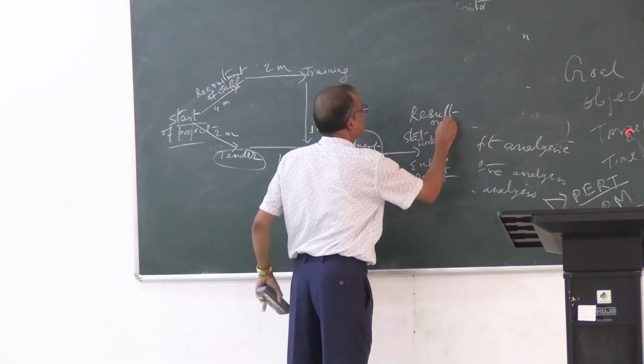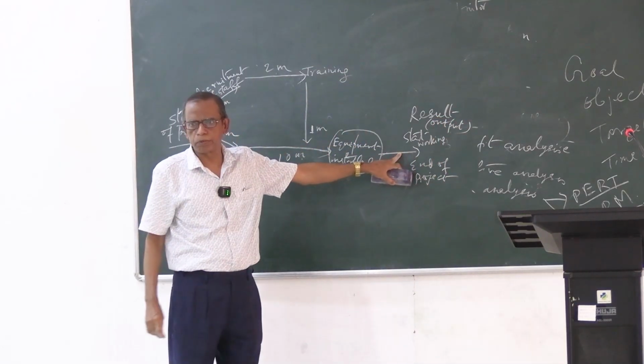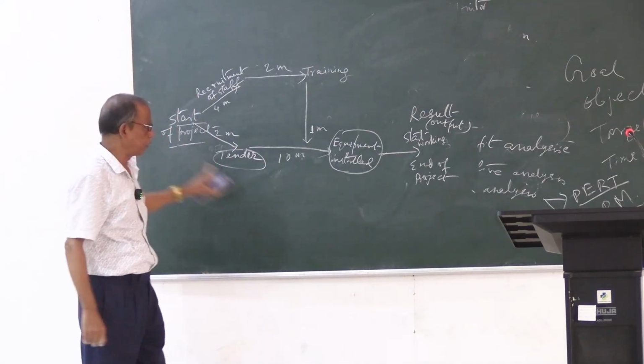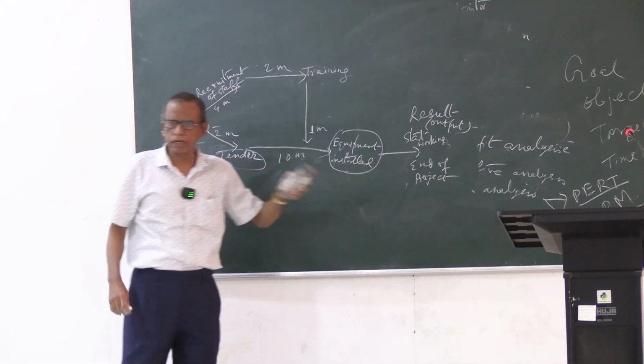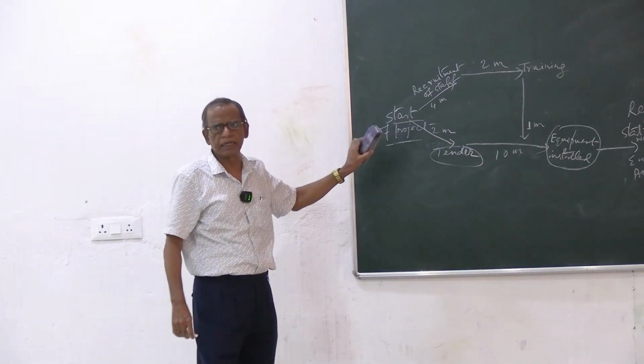Result or output. This is the end of the project. So, one is the starting point, one is the end point. So, you are graphically showing the various activities at various stages.